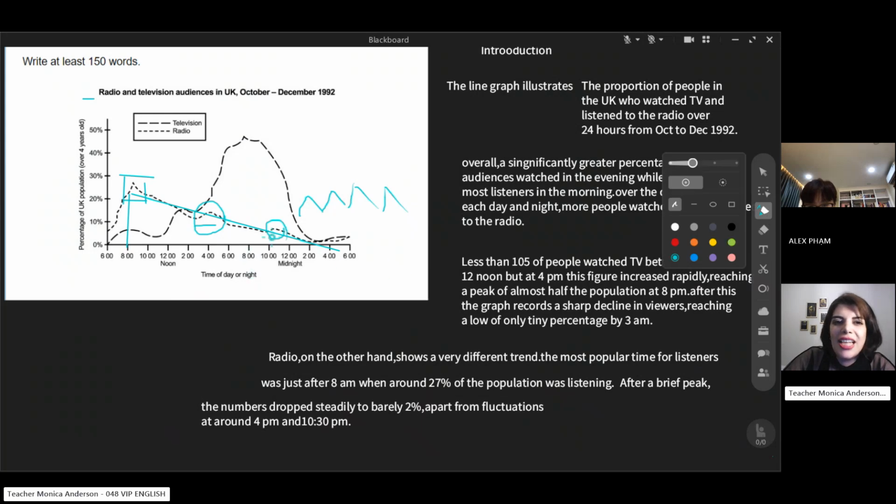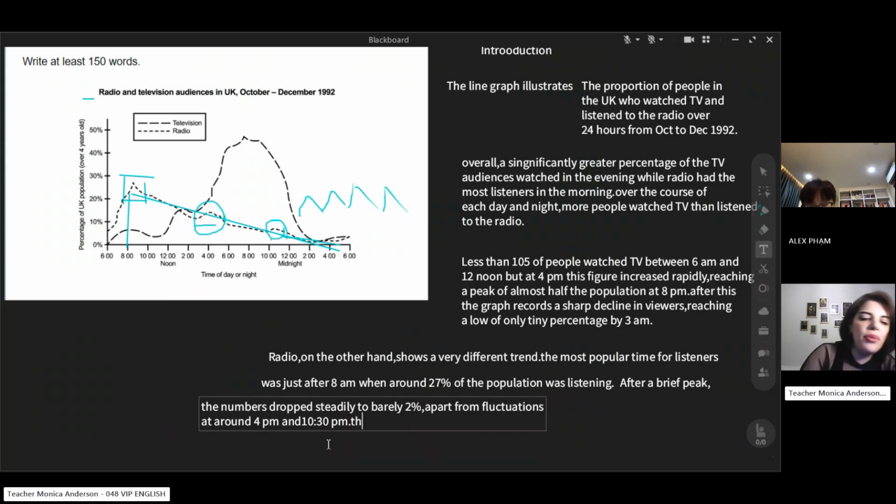And this part, the last part of my line graph. So we can say the number or the percentage of listeners. There is no change here, so remained low, when overnight.